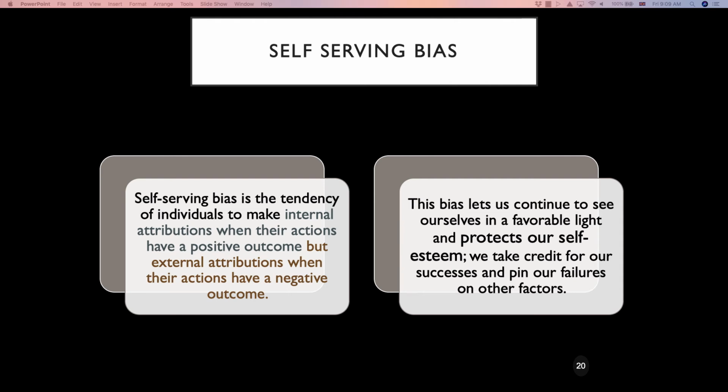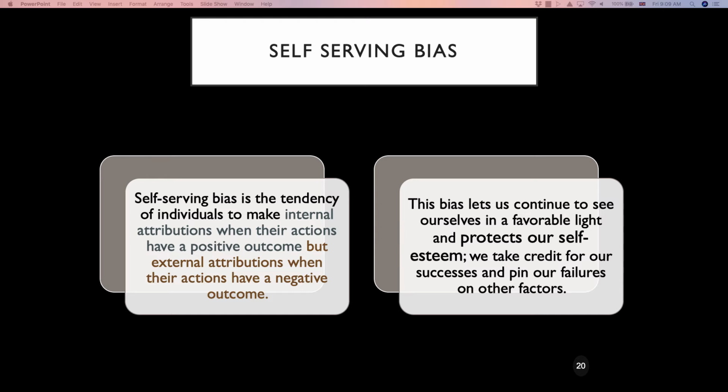The self-serving bias is all about when you have a positive outcome, you got an A in your reflection journal, you are more likely to attribute that to your personality traits, your internal attributions. If you got a D on your reflective journal, you're more likely to attribute that to external factors. It's the instructor's fault. They didn't like what I did.